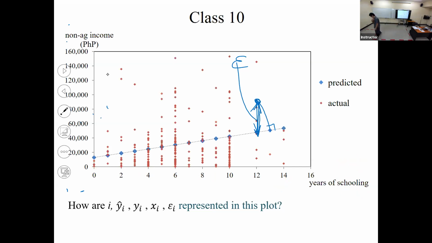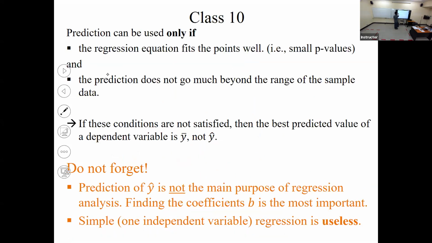Outside the actual data range, you're not supposed to do prediction because it's not precise, because this relation is based on this specific range. So you should not go too far beyond. Maybe 18, 19, but not 30, 35. That is one thing you have to note if you want to do prediction.